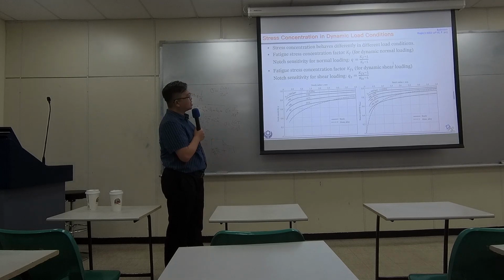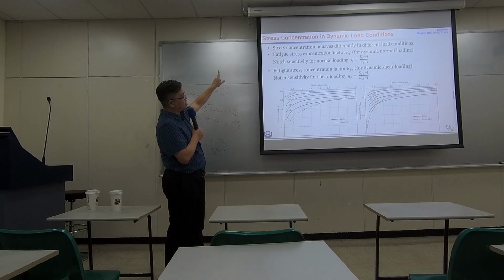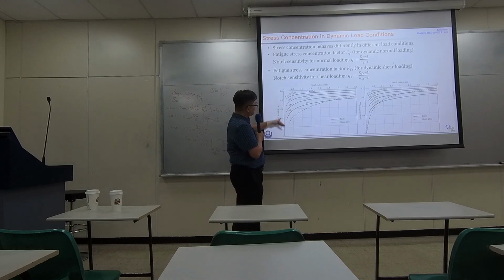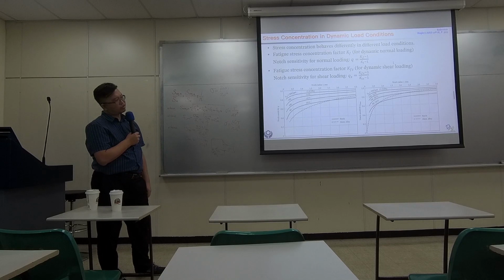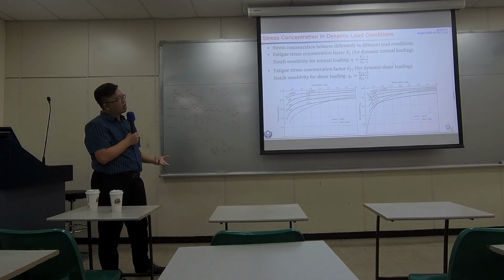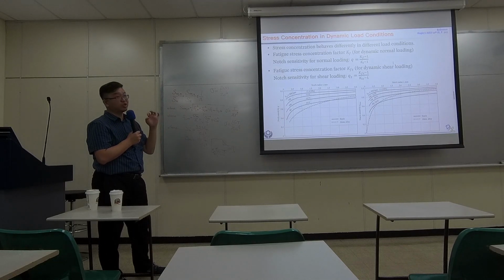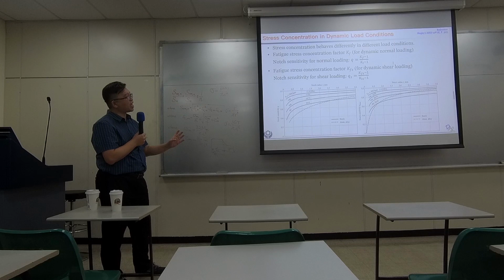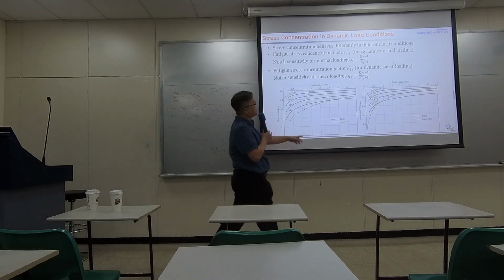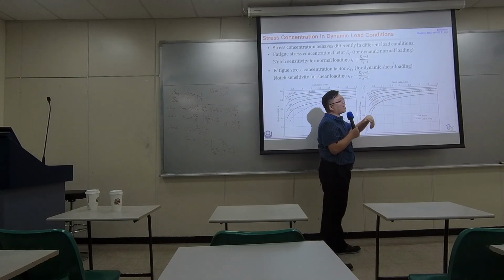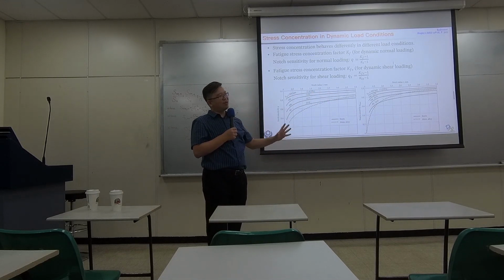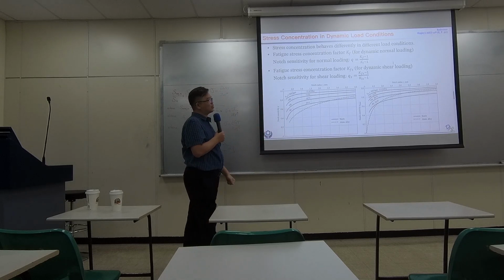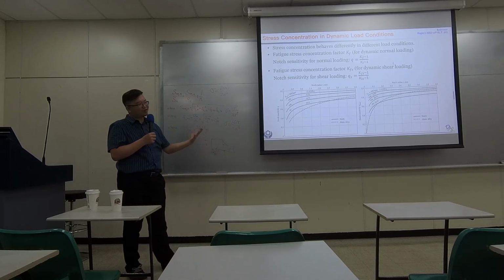So unlike the other effects in the past, lower Q is better. Because when Q is lower, KF is lower. So if in the extreme case Q is 0, that means KF is 1. When KF is 1, that means it doesn't concentrate. The stress is the same as the reference stress. That's great.